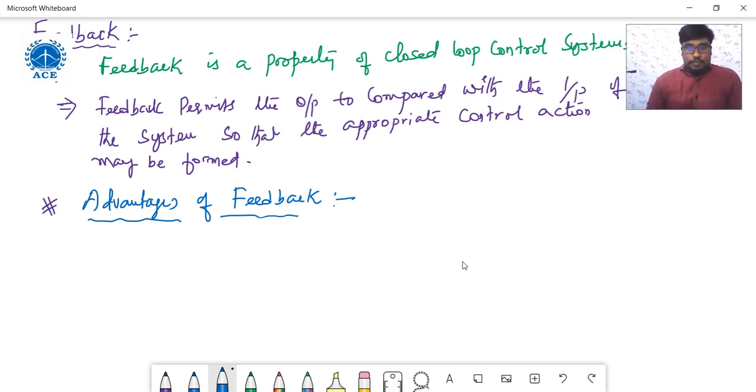So let us see the first one. As we discussed in the concept of closed loop control systems, it will increase the accuracy. So by using this, increased accuracy.